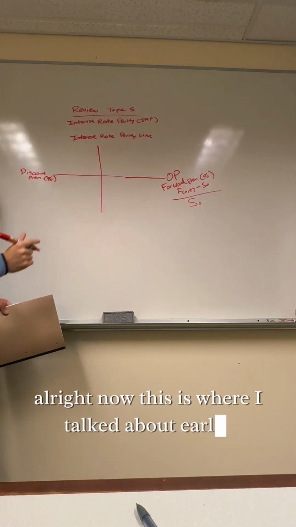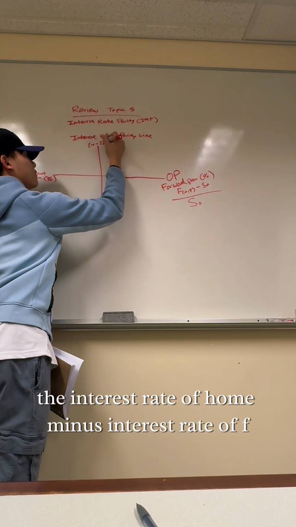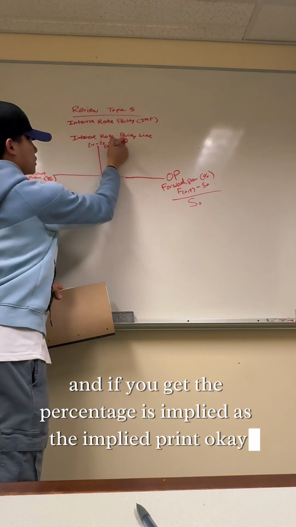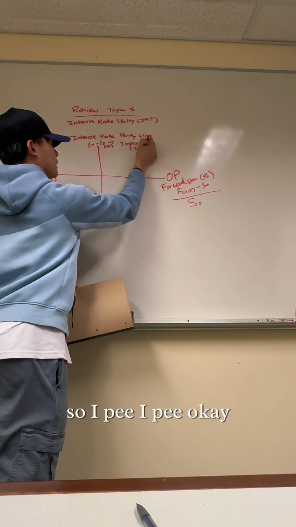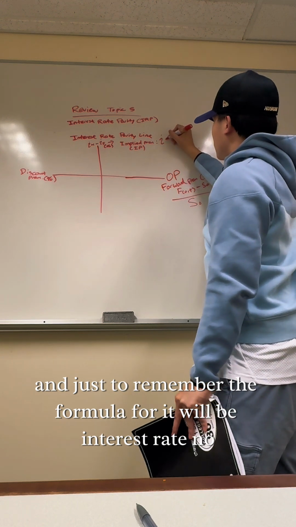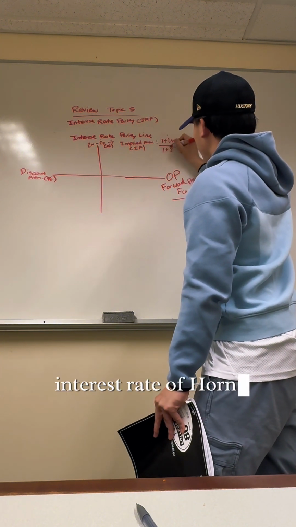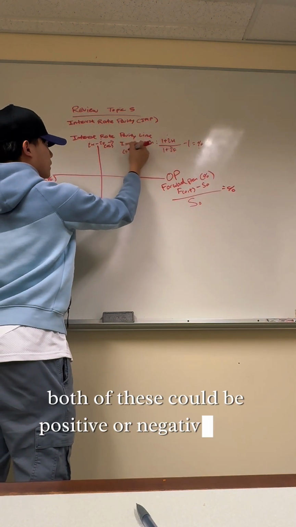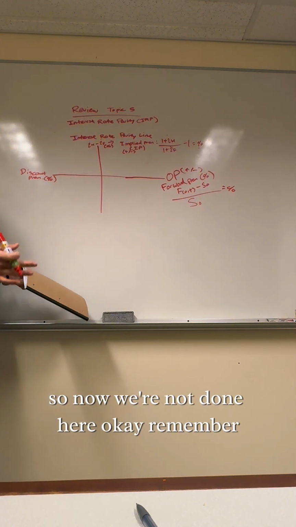Now, the interest rate of home minus the interest rate of foreign is the implied premium, IP. The formula for it is 1 plus the interest rate of home over 1 plus the interest rate of foreign, minus 1. It will also give you a percentage, and both of these could be positive or negative.